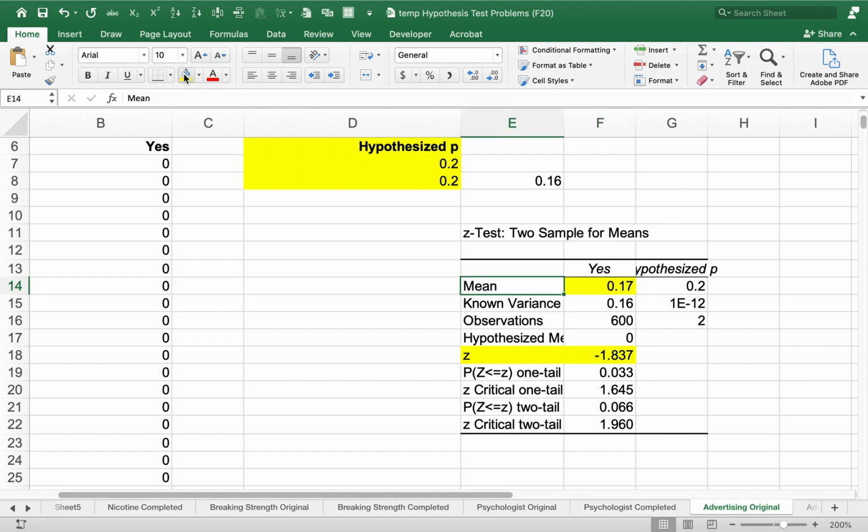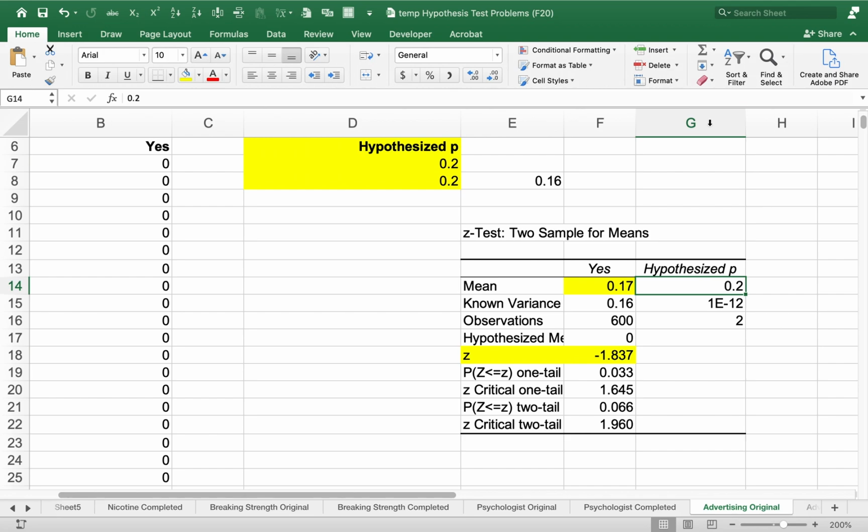It says the mean, but it's the mean of ones and zeros, so it's a p bar. And then this, of course, is the p naught of 0.2. So here's your Z star of minus 1.84. Here's your p-value of 0.0329. And here is your critical value of 1.645. Remember, that's actually minus 1.645 because the original problem was a lower tail test.